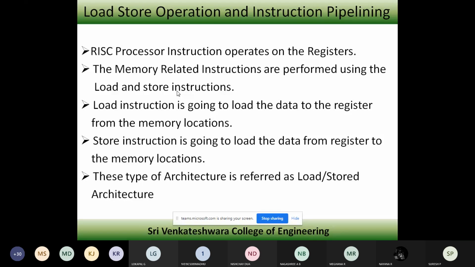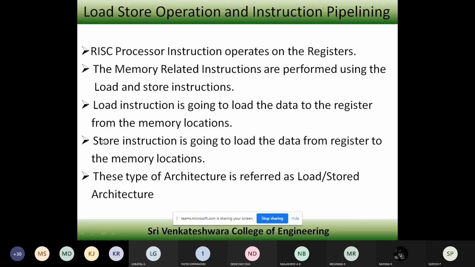Load. Load is the instruction to bring data from memory to the register, and if you want the data stored from register to the memory location, you make use of the store instruction.